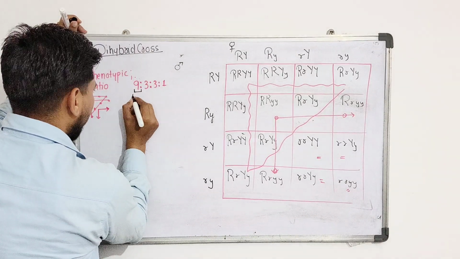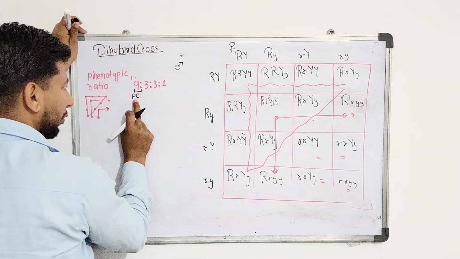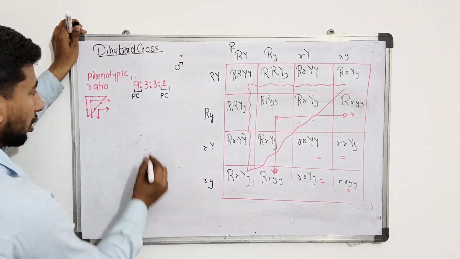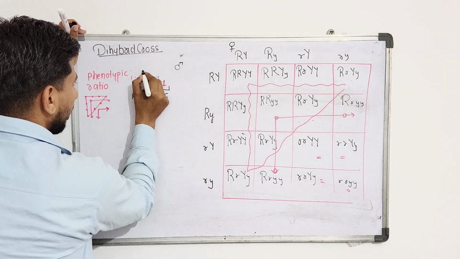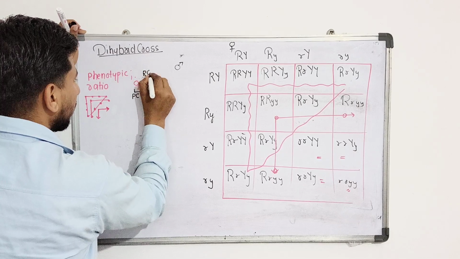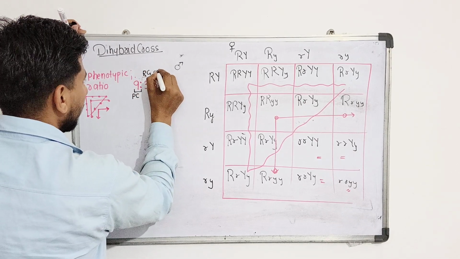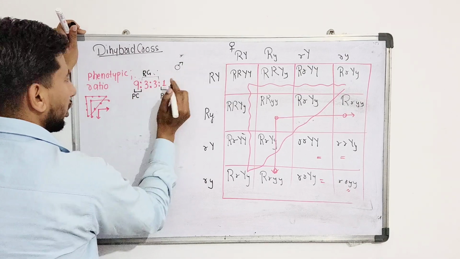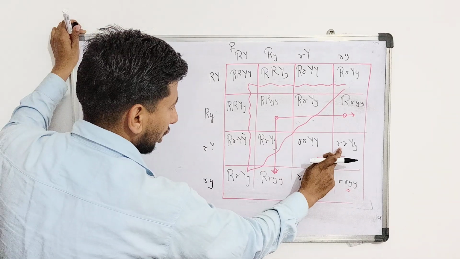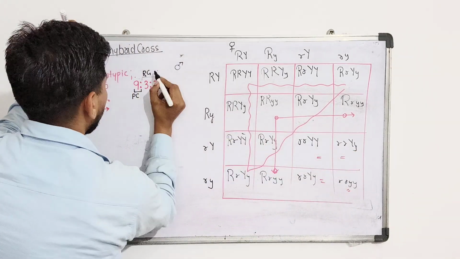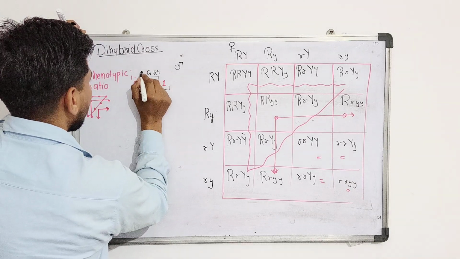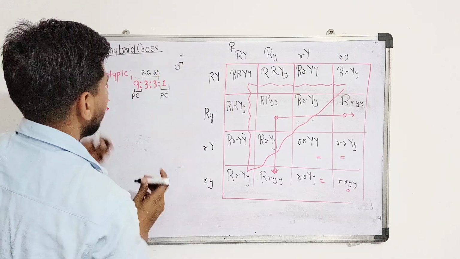Now this represents a parental combination, because in the parent we have round yellow. These also represent parental combinations, but this sixth one represents round green, and the third one round yellow. They represent round green and round yellow.